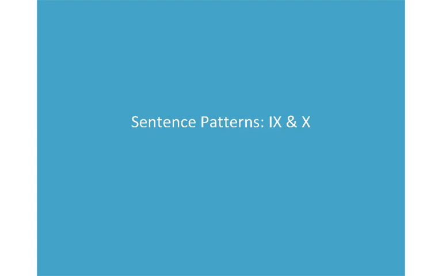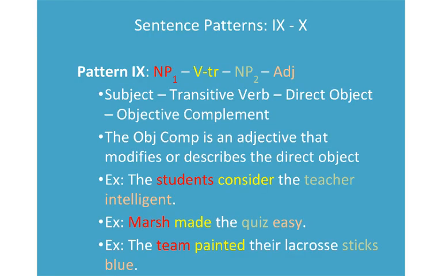All right, 9 and 10. I was wrong, we've got two more. So pattern 9 is a noun phrase plus a transitive verb plus a direct object and then an objective complement. That doesn't mean something nice that you say to somebody else, but it's an adjective that modifies or describes the direct object.